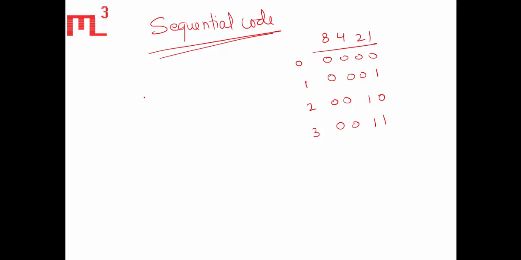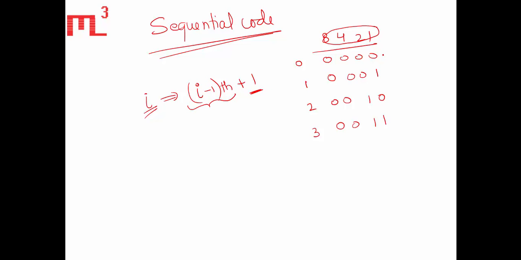Any number I is represented by the previous number, the (I minus 1)th number, plus 1. So such codes are called sequential codes. That means 8421 is a sequential code system, where the ith number is the (I minus 1)th number plus 1.